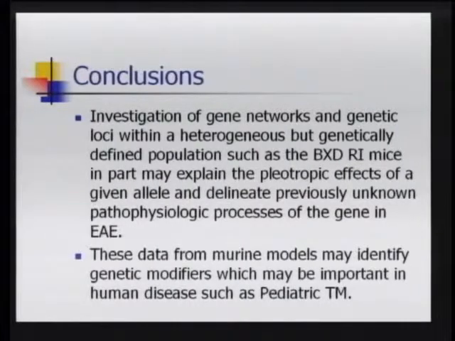And so I'm just concluding by saying that we think that the data we're going to derive from these mirroring models using this computational biology technique may identify genetic modifiers that may be important in human disease, such as pediatric TM. Thank you.